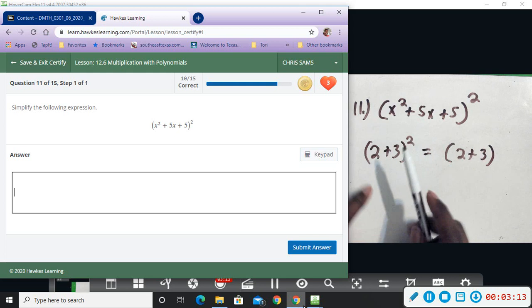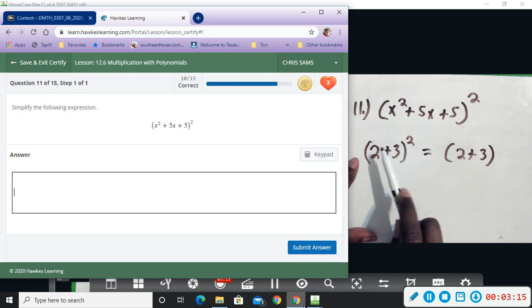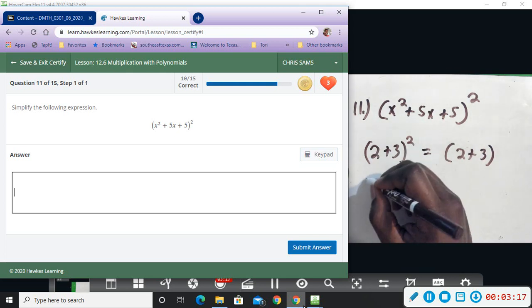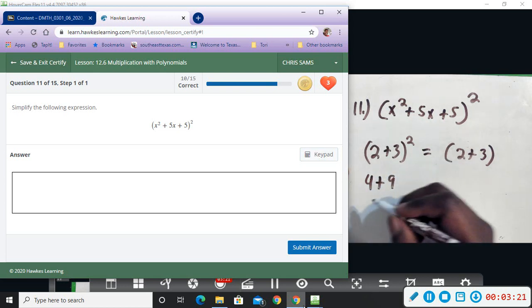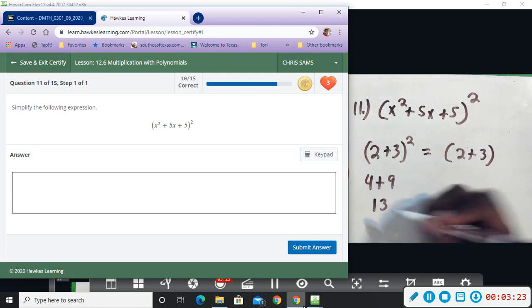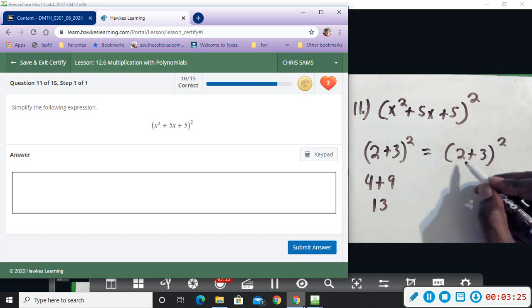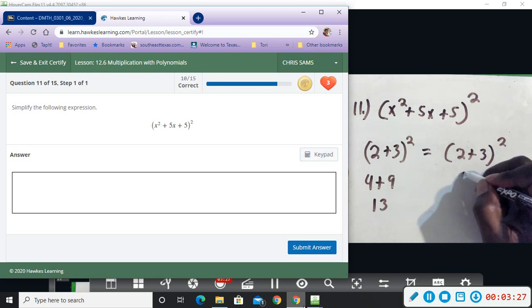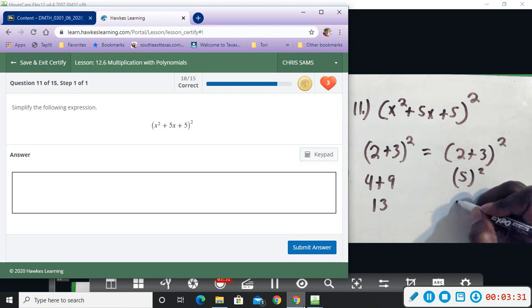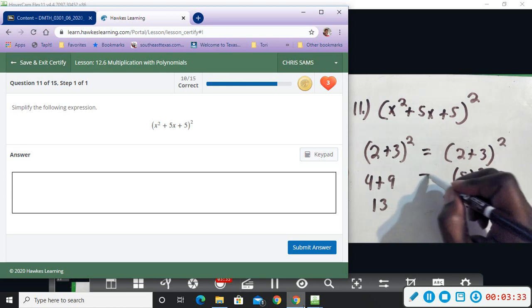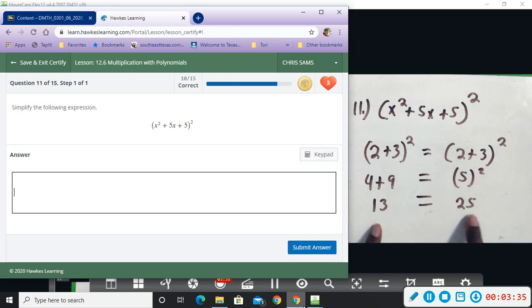So most people would do 2 squared plus 3 squared, that would give us 4 plus 9, and then 4 plus 9 gives you 13. Versus if you add 2 plus 3, you get 5, and then if you square the 5, you get 25. You see how these are not the same answer? That tells you that something is wrong.